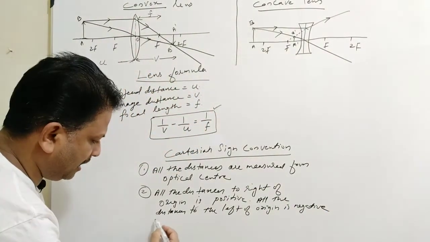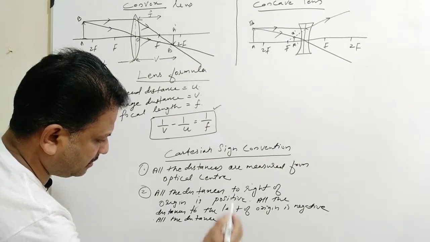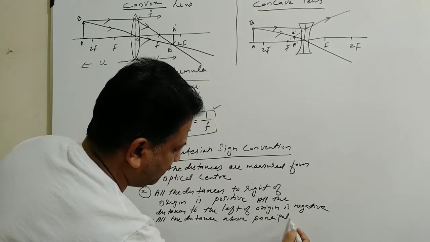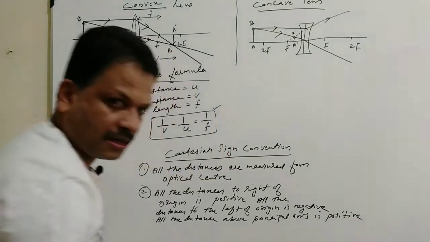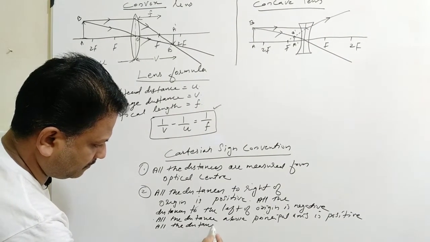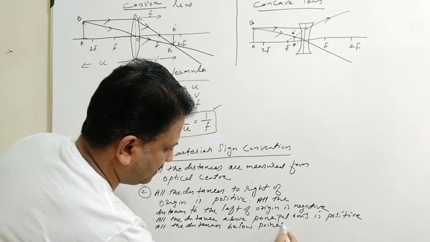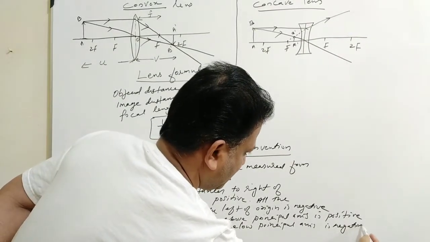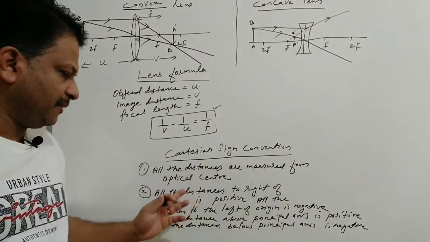And all the distances above the principal axis are positive, and all the distances below the principal axis are negative. So, first rule: all the distances are measured from the optical center.